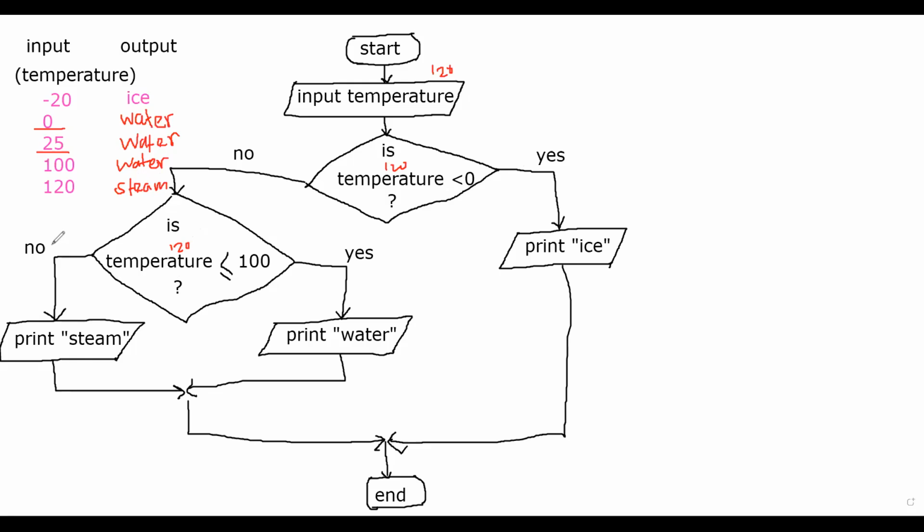Now you see that in our case, we had three choices. That means ice, water, and steam. We had three choices, and for that we need two selections. Why two selections? With a selection structure, you can check only two choices, isn't it?